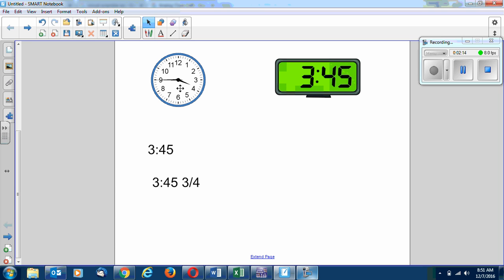When you look at the analog clock, the minute hand never actually stops moving, even while the minute is going on. At this point, the minute hand has just reached 3:45. But as soon as it reaches that number, it keeps on moving until it reaches 3:46.